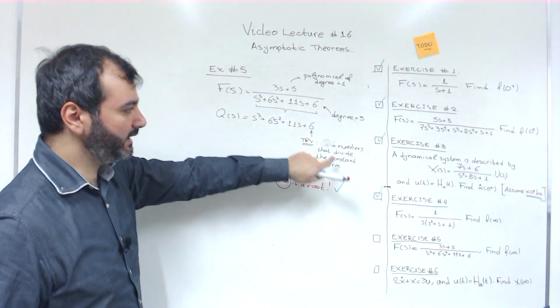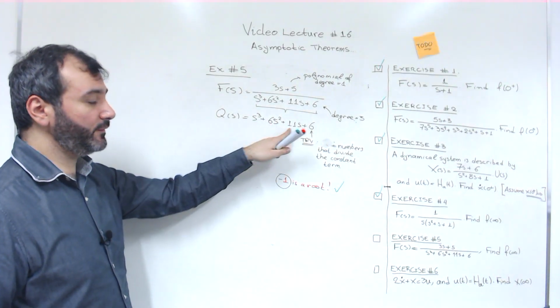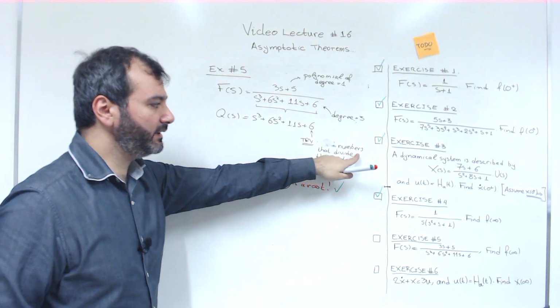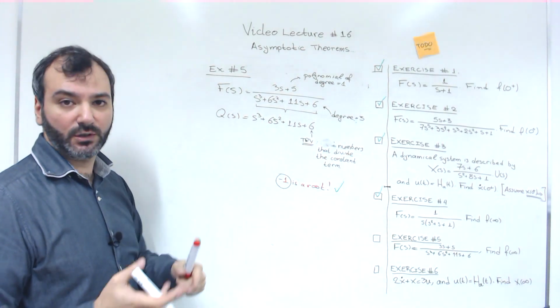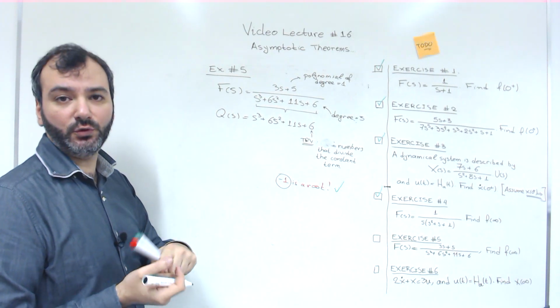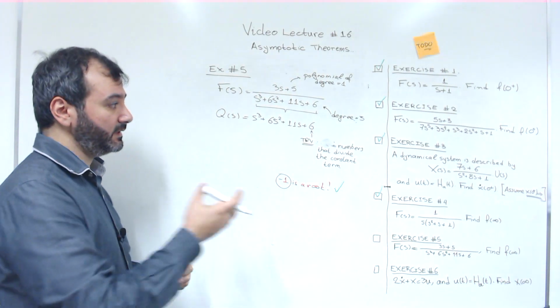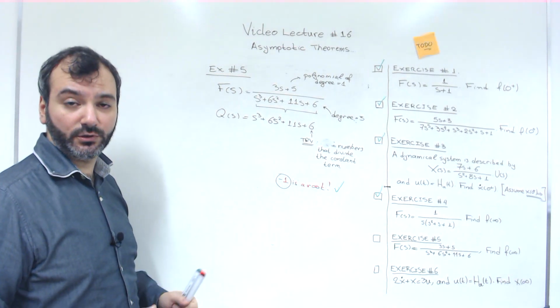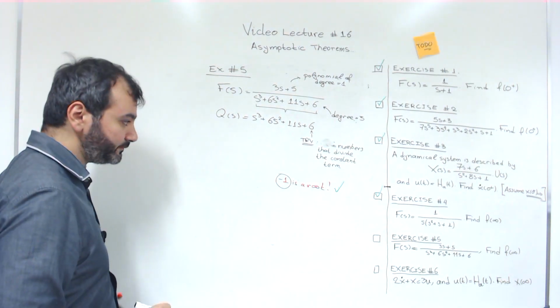So good candidates here are, because all coefficients are integer numbers, a good start is to try numbers that divide the constant term. So 1 minus 1, 2 minus 2, 3 minus 3, and 6 minus 6. Somewhere around there might be a root. No guarantees, however.